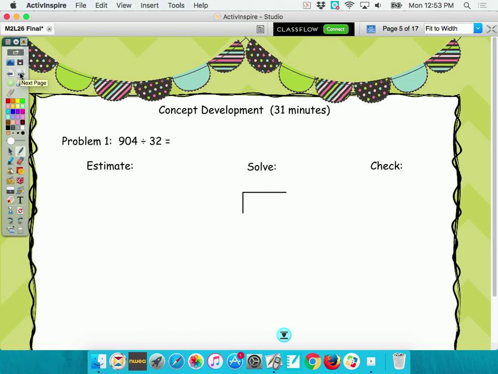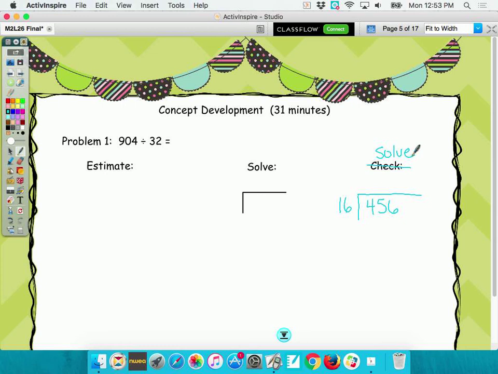Now, when I made yours, I really want to combine the first two problems. So, problem 2, I'm going to write on the other page, so we're going to do them all on the same page. Help me remember this, 456 divided by 16, okay? So I'm just going to put it over here and change that to solve.